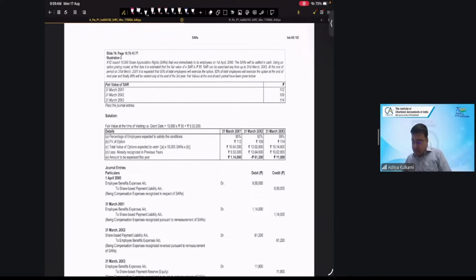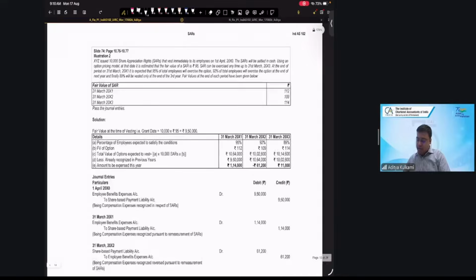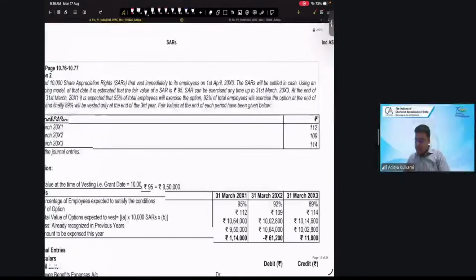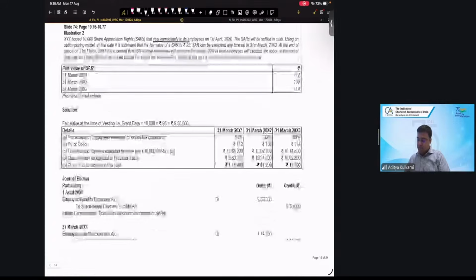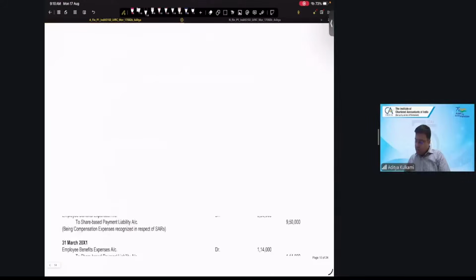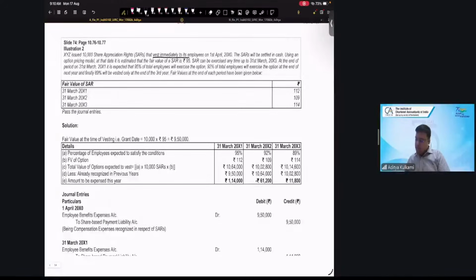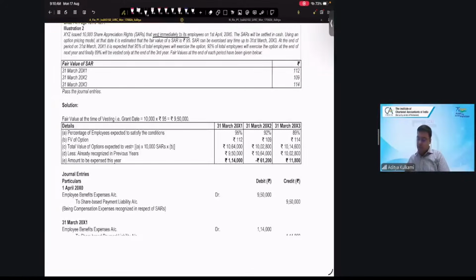So XYZ issued 10,000 SARs that vest immediately to employees on 1st April 2020. The SARs will be settled in cash using an option pricing model. At that date, it is estimated that the fair value of a SAR is 95.